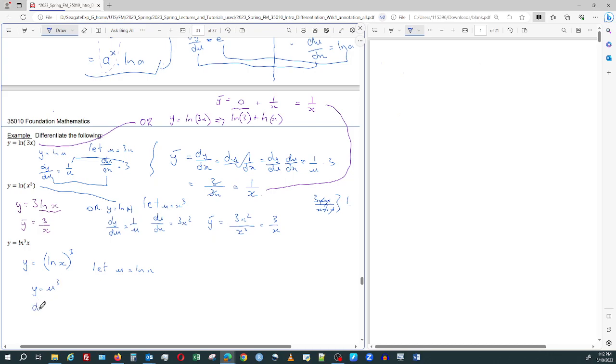Then with Leibniz, we're going to put our chain together, and that is our dy/dx together. So that's going to become 3u squared. This is going to become 1 over x. We put the two together as a chain, and y dash becomes 3 bracket ln x squared over x, where u was the ln of x. So that would be my preferred form of that particular answer.